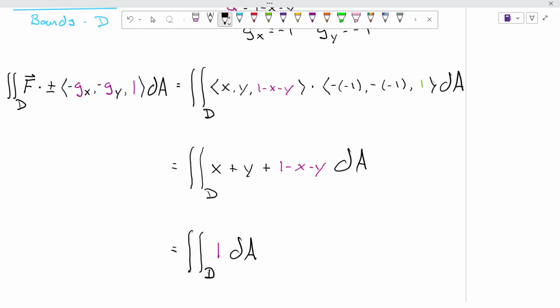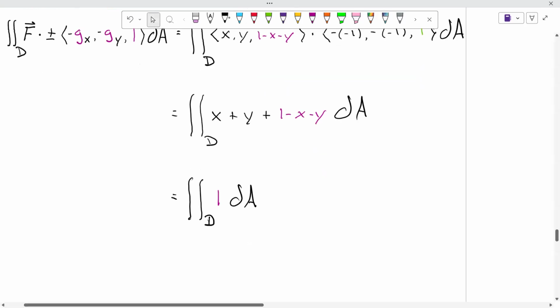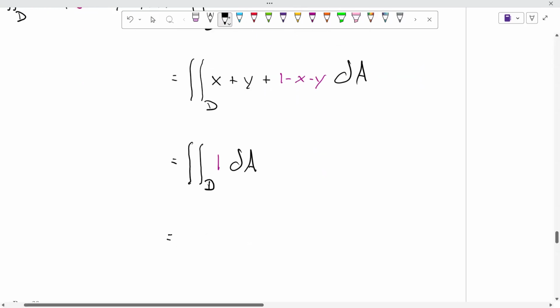Most of that simplified. And then I just need the double integral of dA over the region, which, don't forget, is just the area of the region. Our cylinder was x squared plus y squared equals 1. We're inside that thing, so that's a circle with a radius of 1. So the answer is just pi.